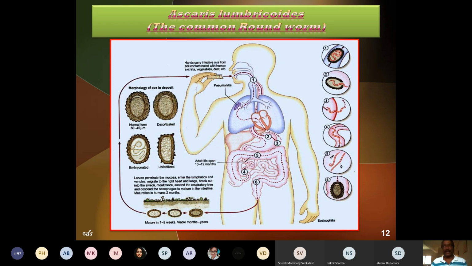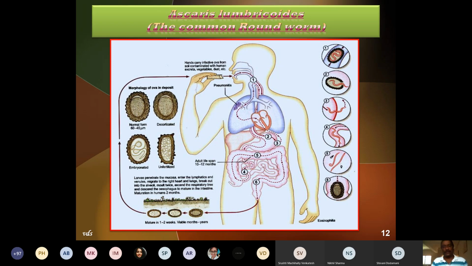When such an egg is ingested, the outer eggshell is disrupted in the duodenum. The larval form, Rhabditiform larvae, is released, and with the help of the apical complex, penetrates the intestinal wall, enters the mucosa, and then reaches the portal circulation.